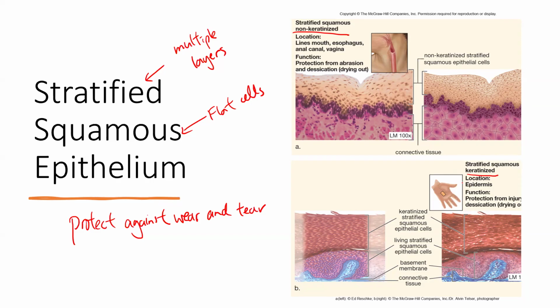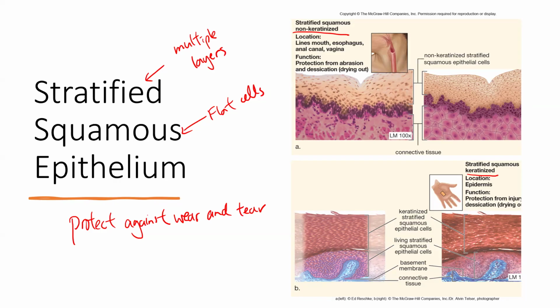You would find it in the palms of your hand, because your hand touches a lot of things. You grab onto things, and a lot of this contact can easily rip off and damage cells. So by having stratified squamous at these locations, you make these places more resistant to wear and tear. You also have it at the bottom of your feet.